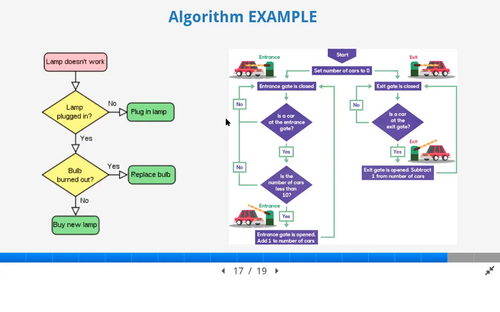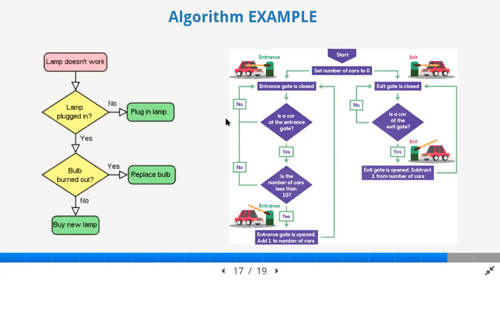And at the entrance gate, there is information whether the parking area is full or not. So how can we get the information in real time, automatically? First the entrance gate is closed, and the gate detects whether there is a car in front of the entrance gate or not.